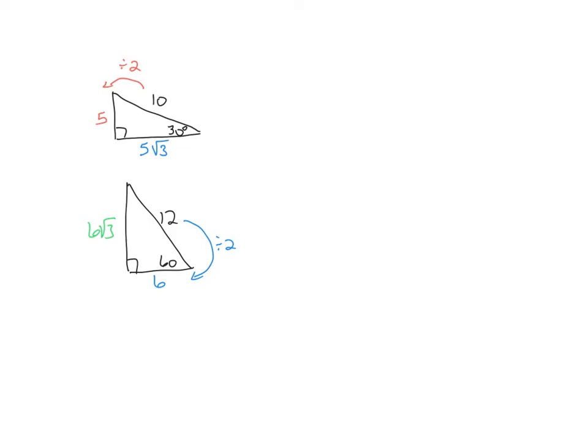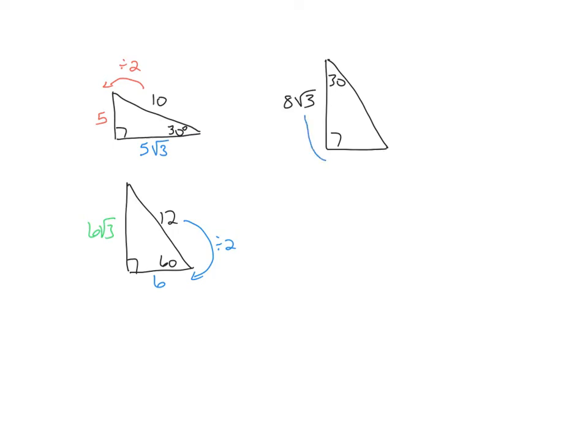All right, so the challenge comes into play a little bit more when you have the long one, and let's say, well, let's do a little bit easier one. Let's say it's 8 square root of 3. So if it has a square root of 3 on it, it actually is quite a bit easier.